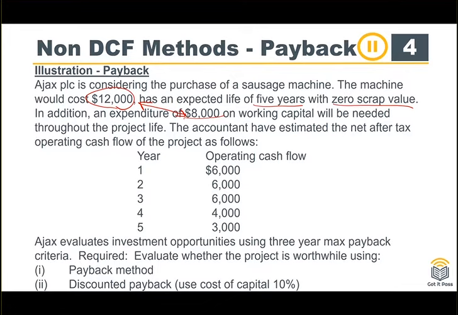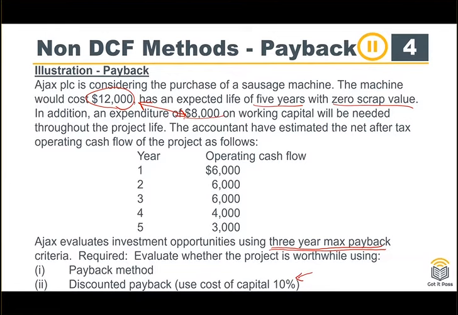Then the question asks: if the company policy is to invest in a project with 3 years payback, please evaluate whether the project is worthwhile using the payback method and discount payback. Discount payback uses the cost of capital concept. A 10% cost of capital is applied.